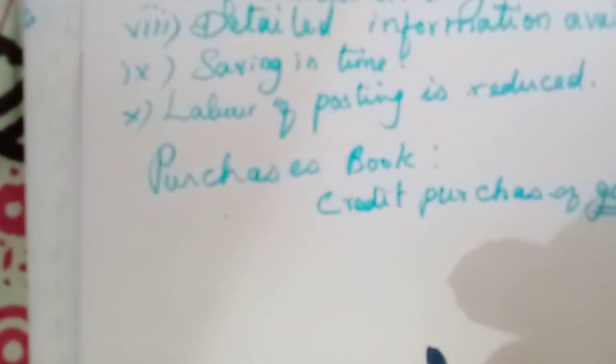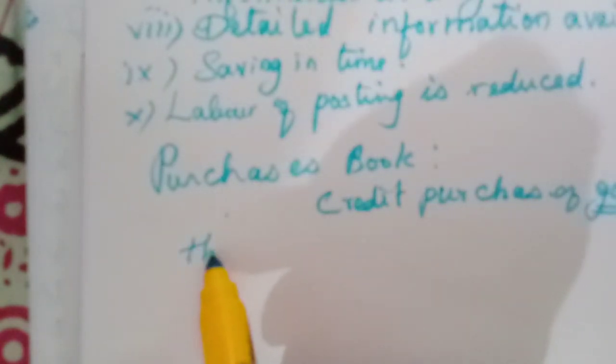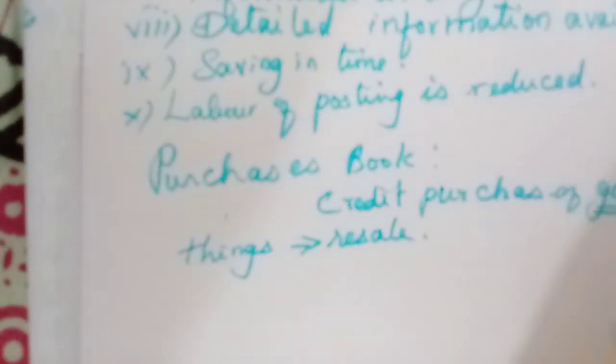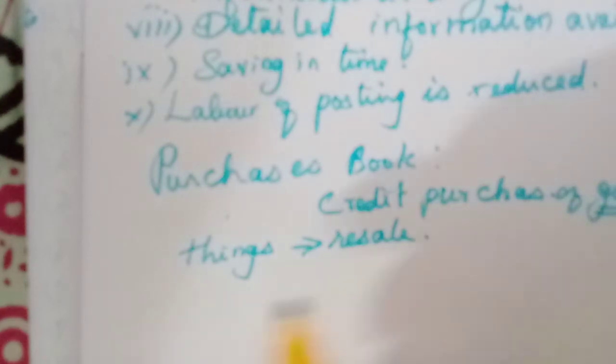Here you should understand the meaning of goods. What is the goods? That we have already learned in the first lesson. What are goods? The things that we purchase for the purpose of resale. They are called goods. Here assets are not included.